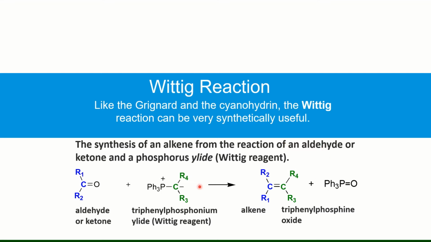And what we have is what's called this ylide, and it's our Wittig reagent, and of course attack will occur on our electrophilic carbon, i.e. the coupling will result in an alkene. The driving force is the generation of this triphenylphosphine oxide, which is a solid.